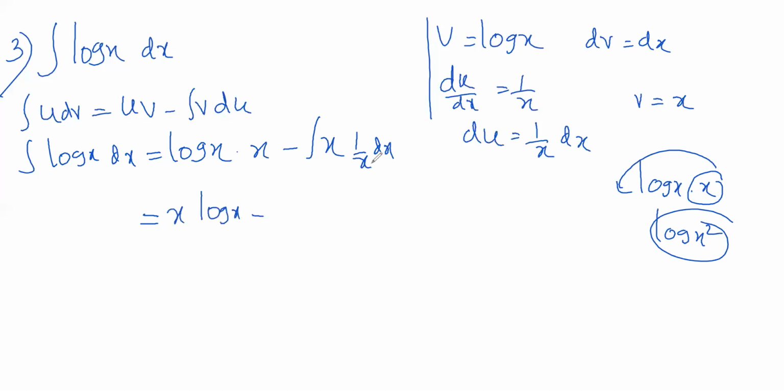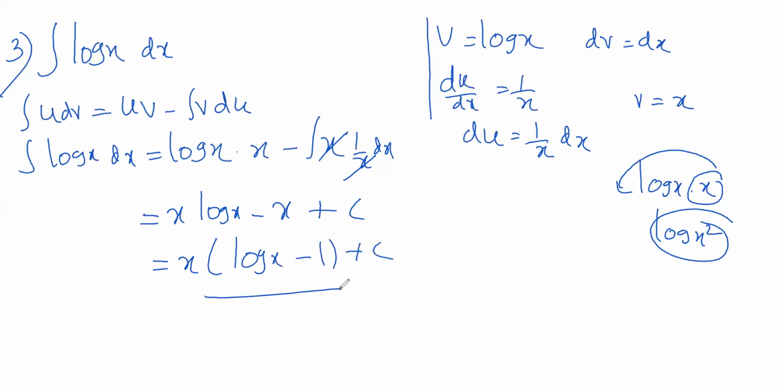Minus, here this x is getting cancelled. So integral of dx is simply x plus c. So in this term, x is common, taking x outside, so log x minus 1 plus c, correct? x log x minus x plus c. Yes, so somewhat it's coming easier, I think, correct?